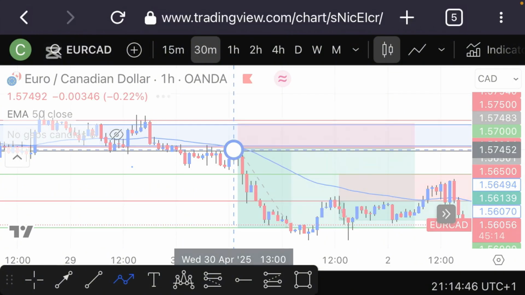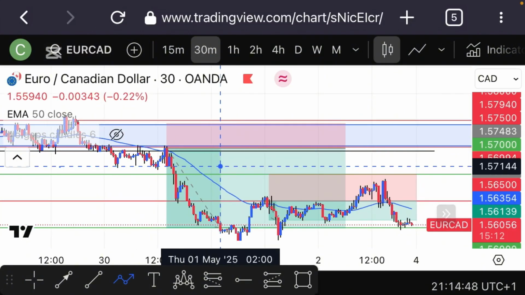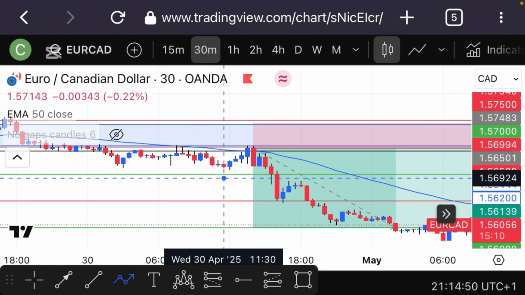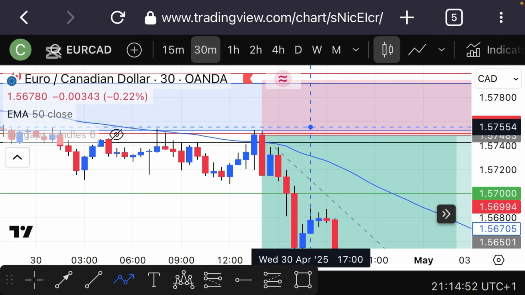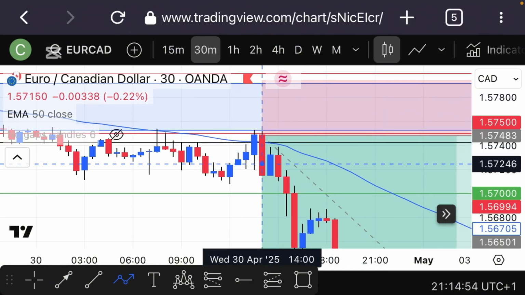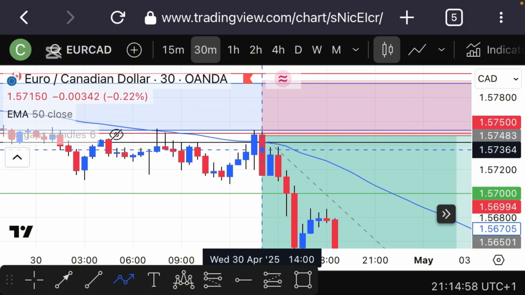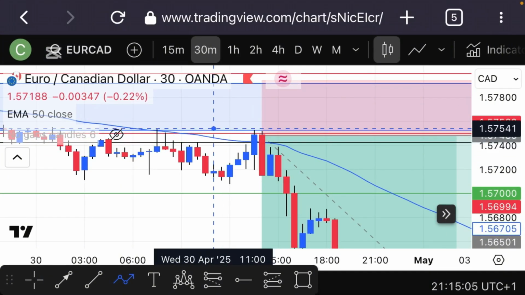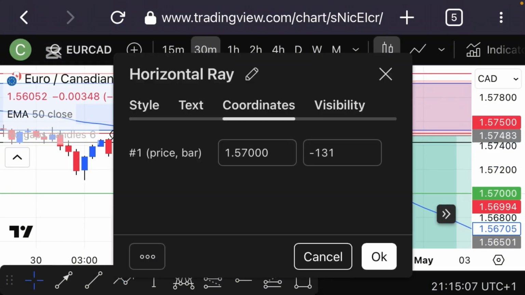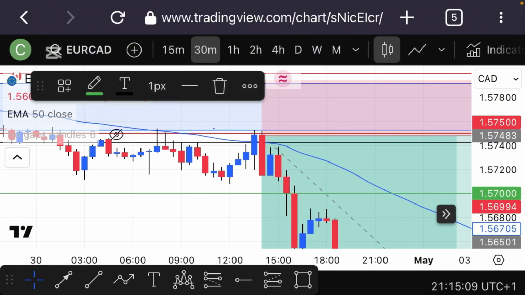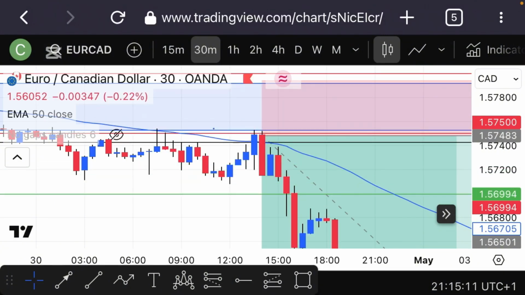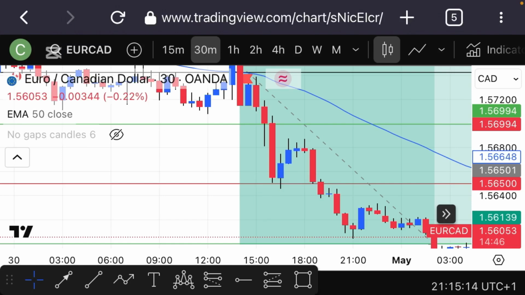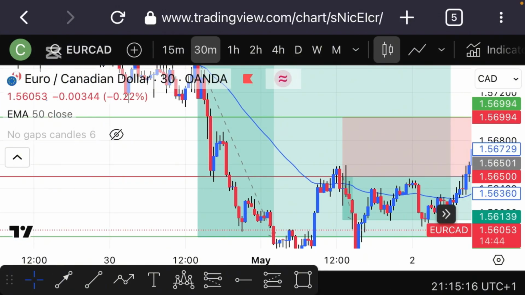If I go down on the 30-minute, how will it look? On the 30-minute, we had this beautiful bearish engulfing candlestick here. This is when I was supposed to enter this trade, and I didn't, because I was focused on Euro USD, and that's how I ended up missing this trade. But eventually on Thursday there was some retracement.